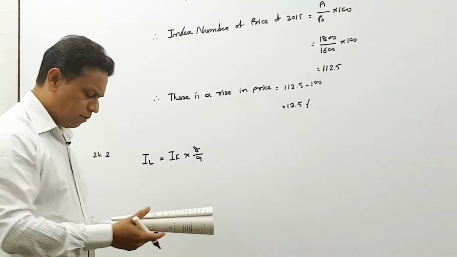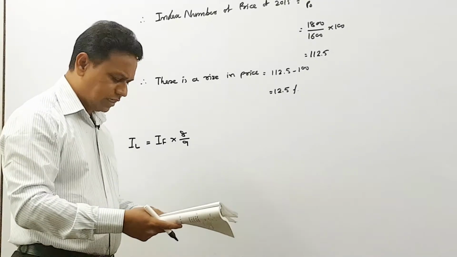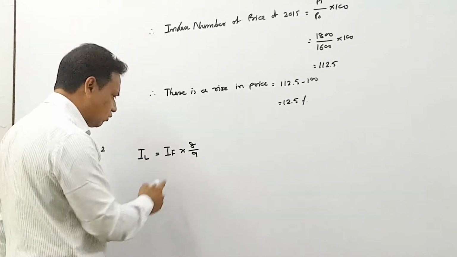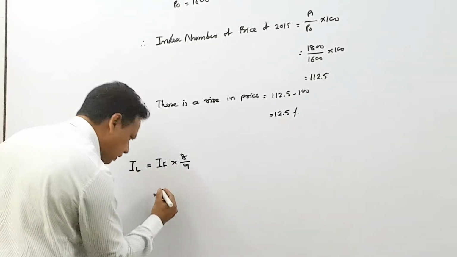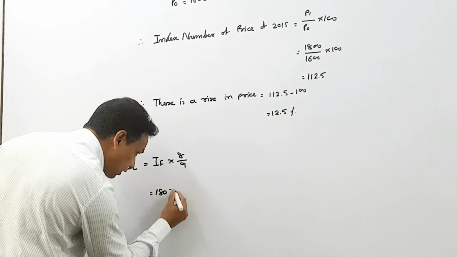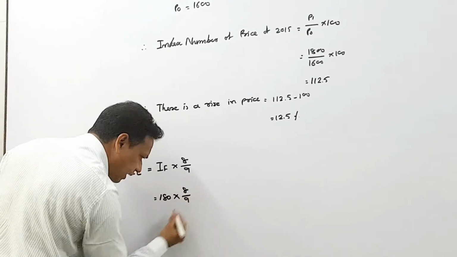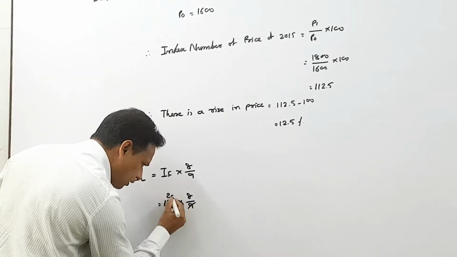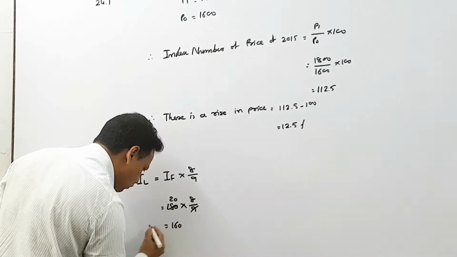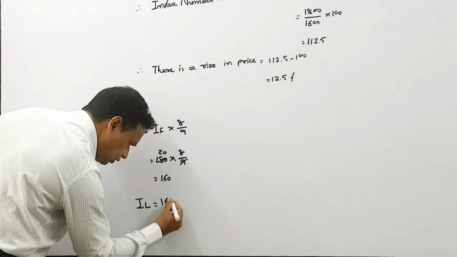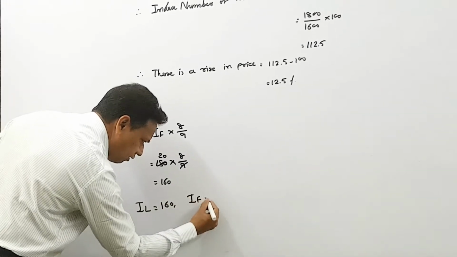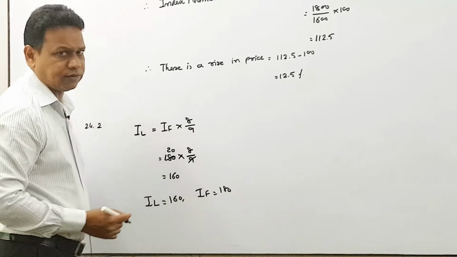Then the additional information we have: if the Fisher's index number is 180, that means what? Fisher's index number is called IF. IF is 180. So right now we have 180 into 8 upon 9, 9 into 20, and it is 160. So IL we have 160, IF is 180.